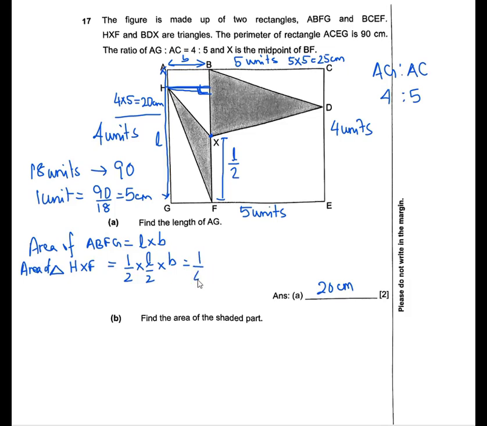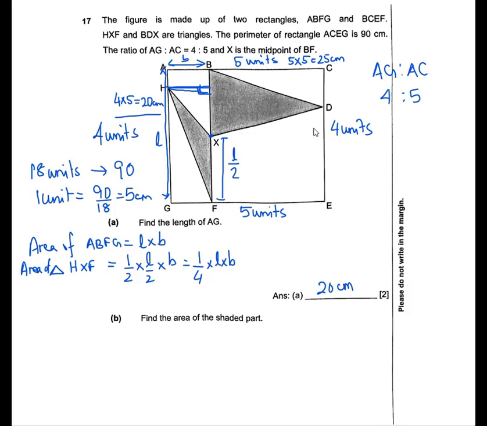So this is 1 by 4 times length times breadth. The area of this triangle is 1/4 of the area of this rectangle.